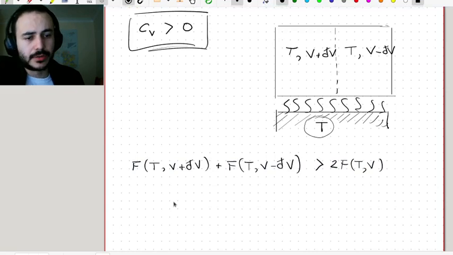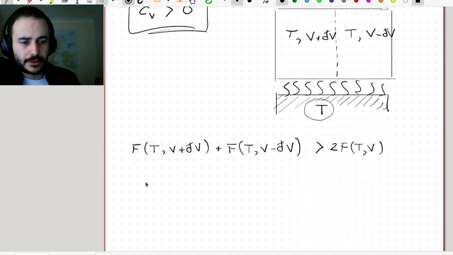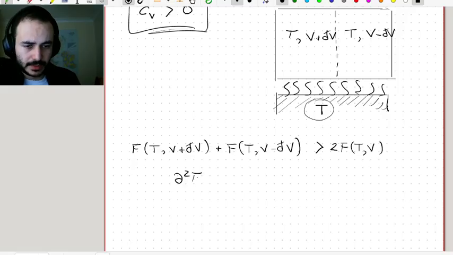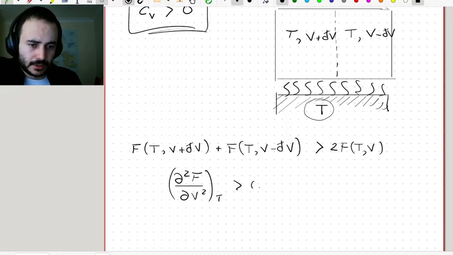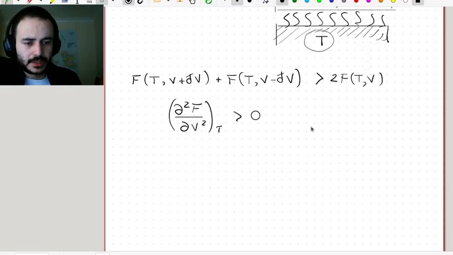So, using the same finite difference argument that we saw before, what we conclude from this inequality is that the second derivative of F with respect to the volume, at constant temperature, is going to be larger than 0.